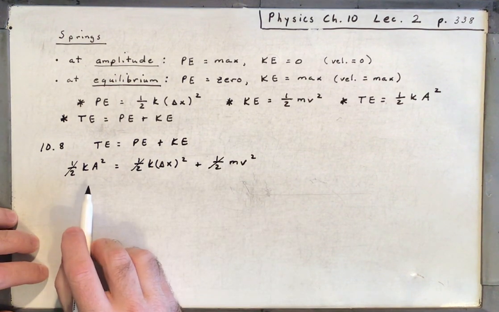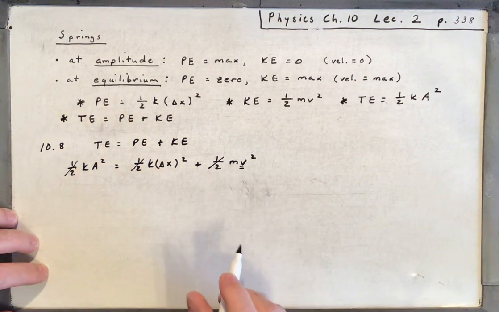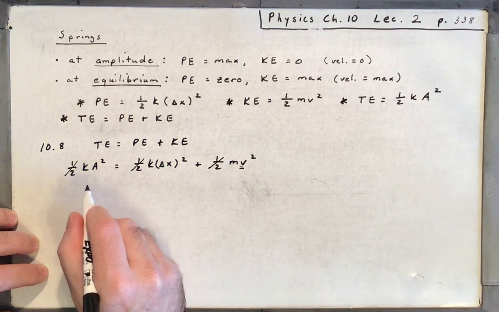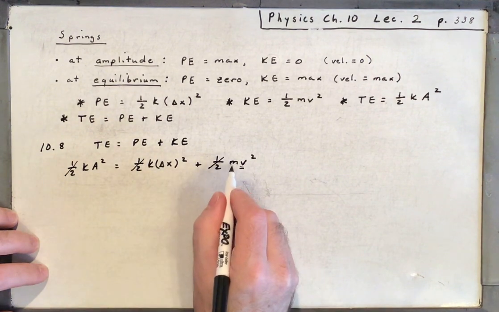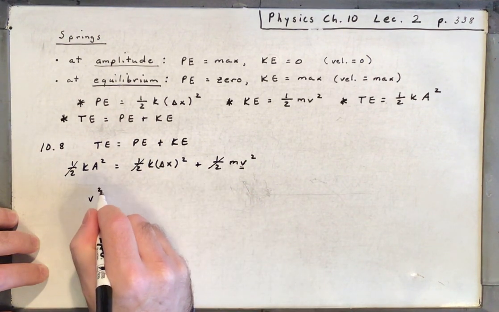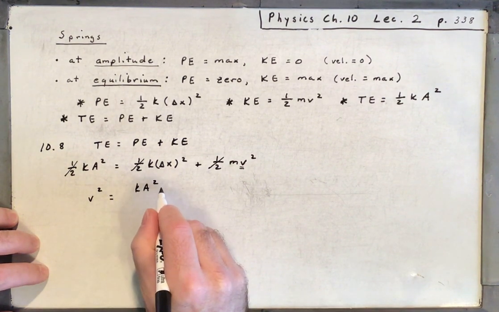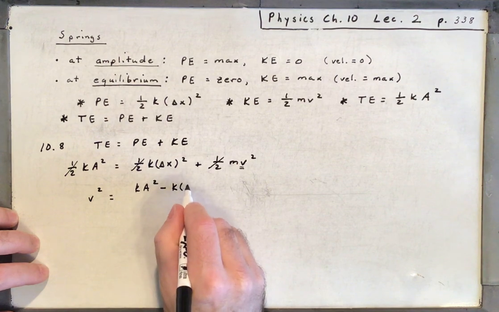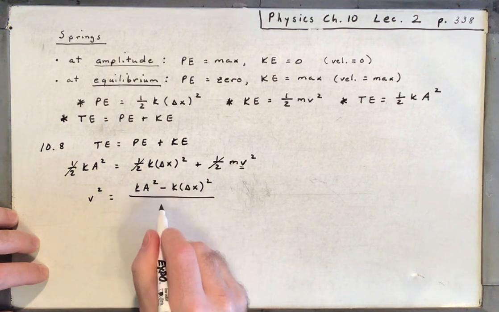And this time we are solving for velocity, so I'll try not to make that mistake again. So algebra-wise, if we pull this part to the left and then divide by the mass, we would have v squared is equal to Ka squared minus K delta X squared over the mass.